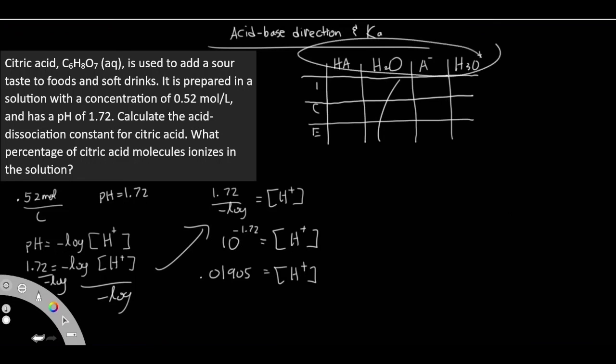If you want to be a little bit more specific with our ice table, instead of just saying HA, you could change it so that our HA is our citric acid, which is obviously the reactant we're dealing with. So we could put C6H8O7.